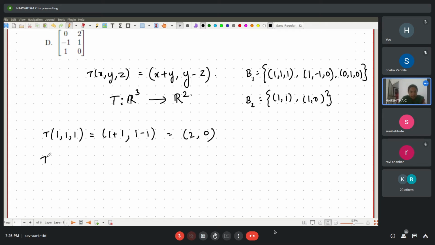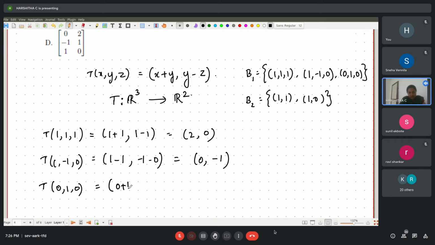Then T of (1, -1, 0) is 1 plus (-1), (-1) minus 0, which is (0, -1). Then T of the third vector is 0 plus 1, 1 minus 0, which is (1, 1). Okay, so this is done.